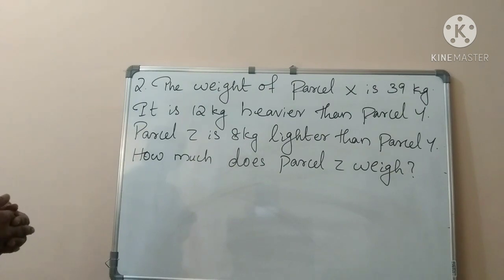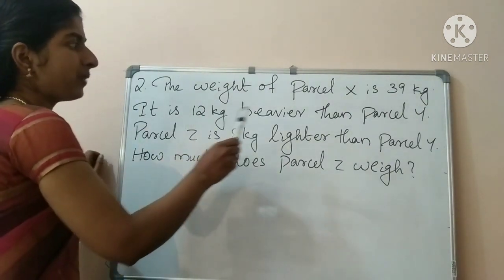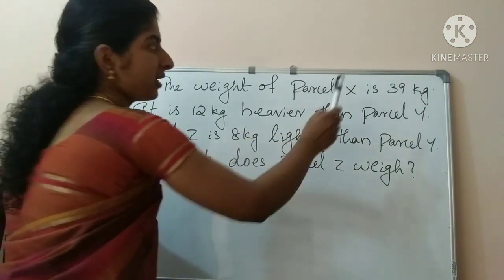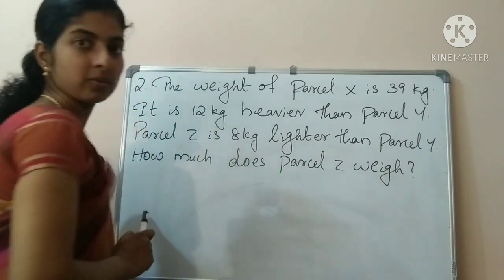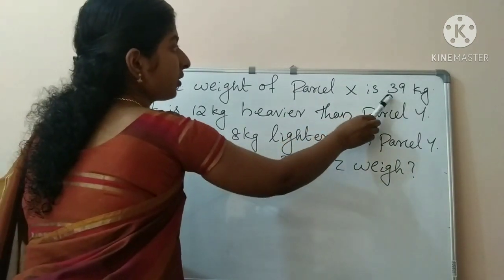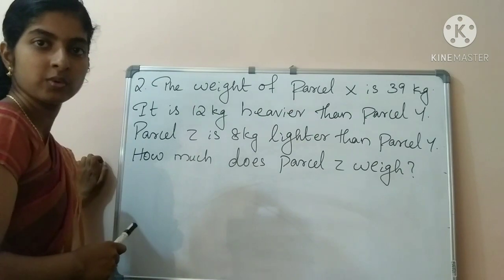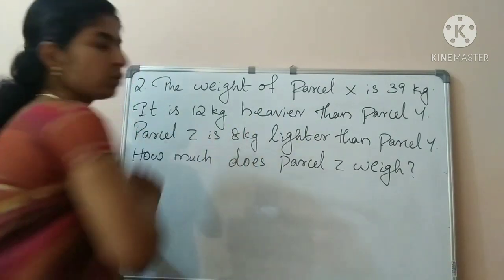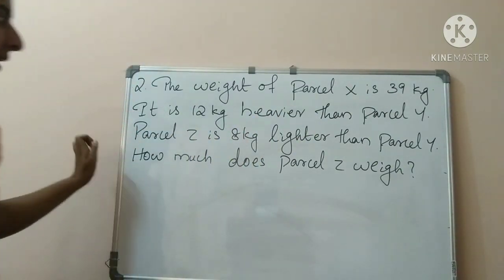Okay. So, weight of parcel Y is 39 minus 12. This is 12 kilogram more. So, 39 minus 12. Then, next.